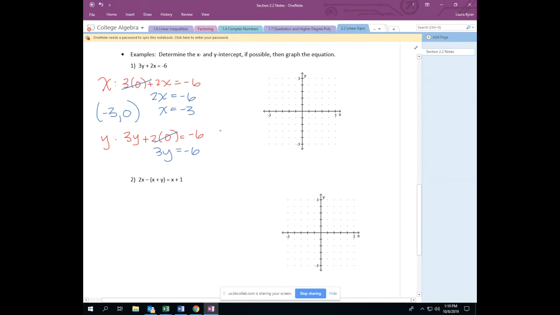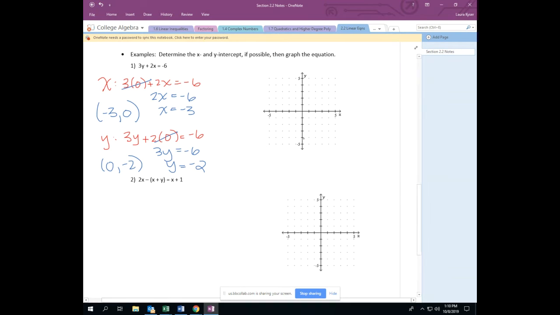Again, we're trying to isolate the y, so we divide both sides by 3, and y is negative 2, which I will also write as an ordered pair. Notice we do not put the x and y intercepts together as a single ordered pair. They are separate ordered pairs, creating 2 separate points for our graph.